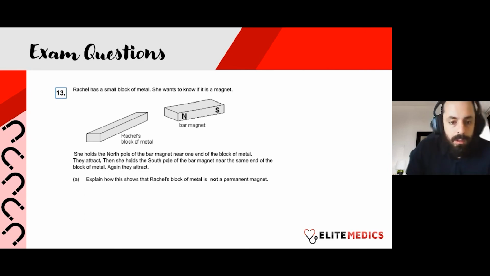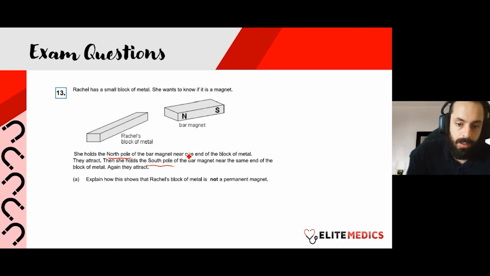So Rachel has a small block of metal. She wants to know if it's a magnet. The only thing that she's got is another bar magnet. So when she holds the north pole of the bar magnet near one end of the block of metal, they attract. Then she flips it and now she's holding the south pole.